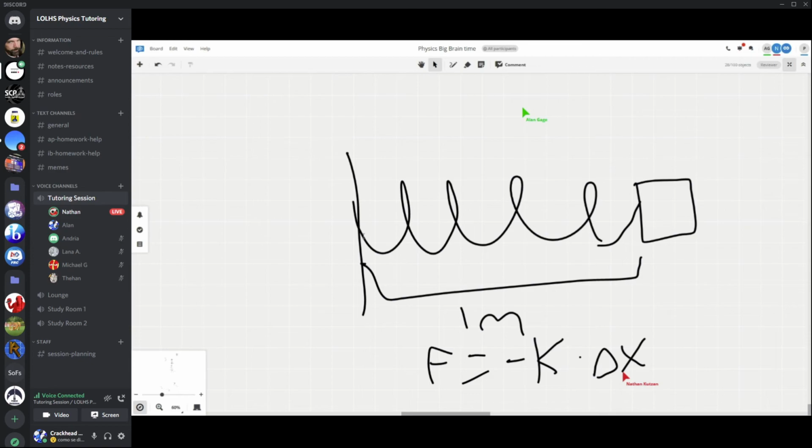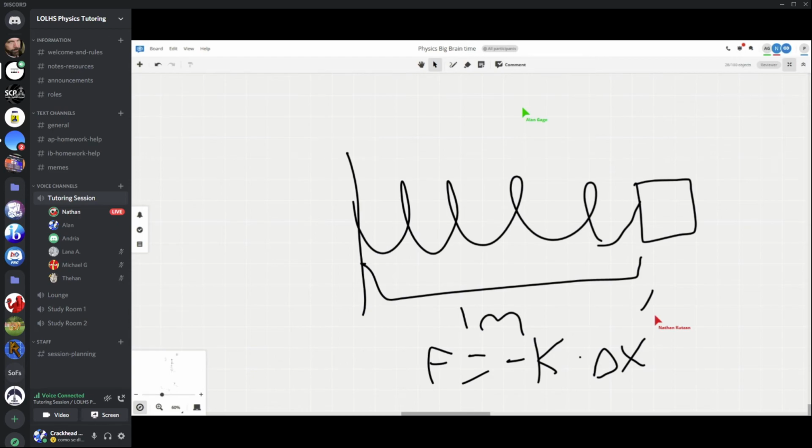So just looking at it, if the spring was in its uncompressed position, what is the force exerted by the spring? Is it exerting any force at all? No, it's not. That would tell you it's zero, because if it's uncompressed, its displacement from uncompressed is zero, so it's not exerting any force at all.